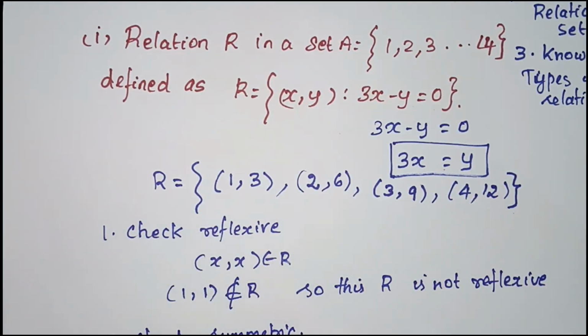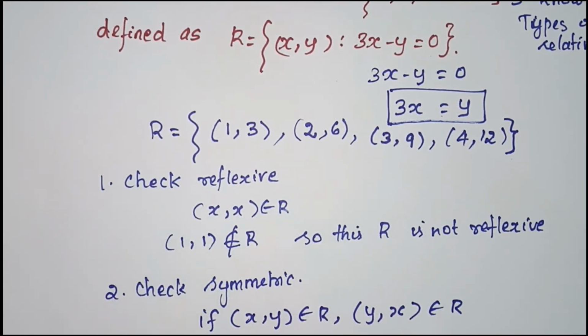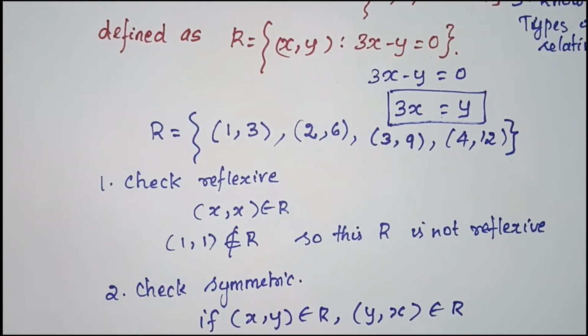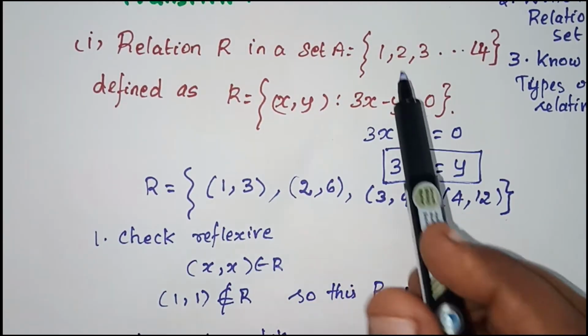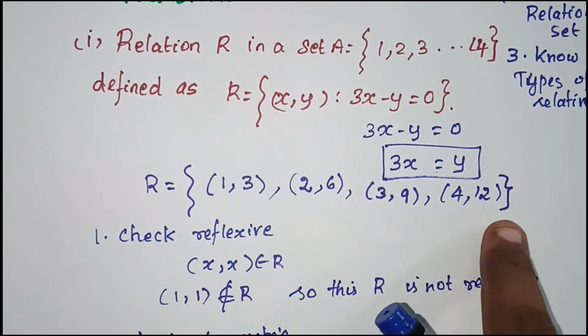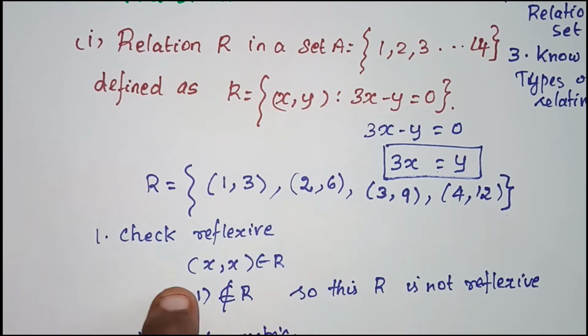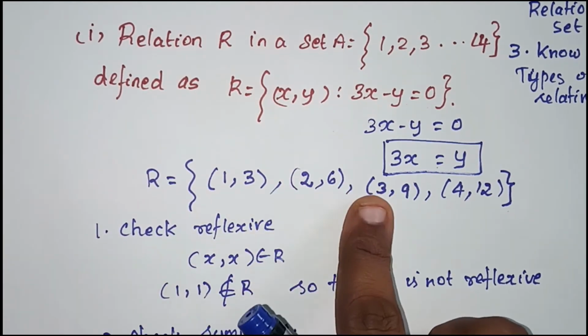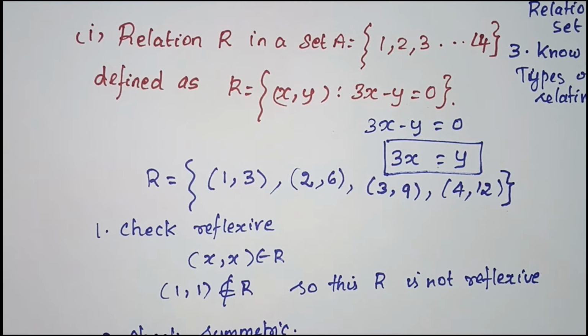Next we need to check the conditions for the types of relation, that is reflexive, symmetric and transitive. Reflexive means each element is mapped with itself. (x, x) should be available in the relation. For example, (2, 2) should be available in the relation, then only it is reflexive. But here (1, 1) is not available in the relation, (2, 2) also not available, (3, 3) etc.